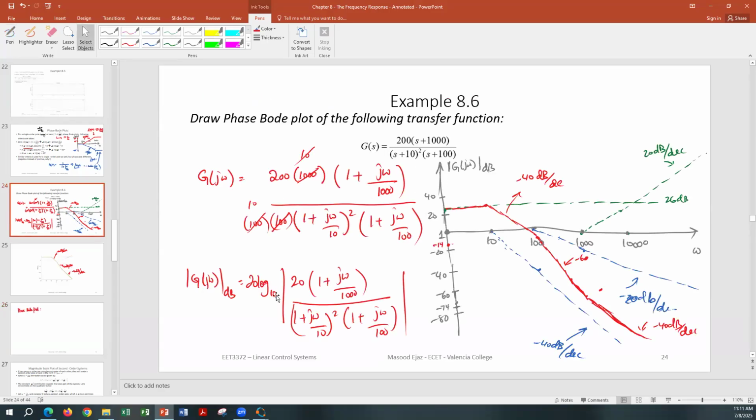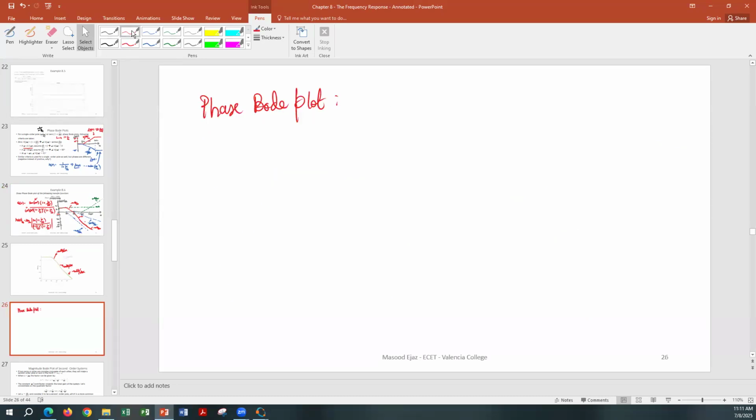Right, our function again is this function right here. Now, phase Bode plot, of course, let me write this down again so we don't have to go back and forth.